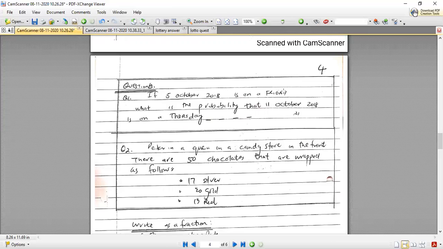Well, you would say that 5th October is a Friday, so the next Friday obviously will be 12th October, 7 days' time. So obviously the probability of 11 October being a Thursday would be 100%. So that was simple.